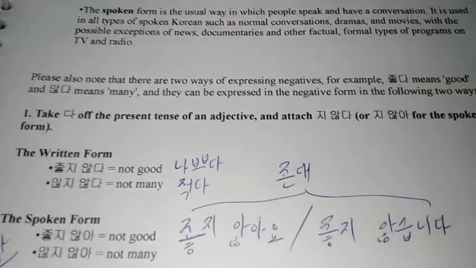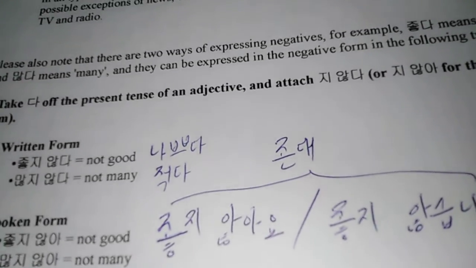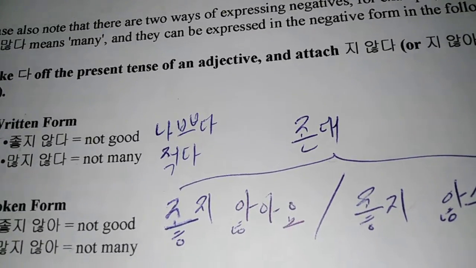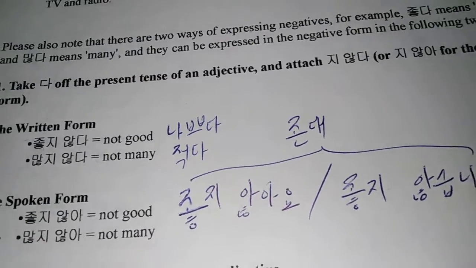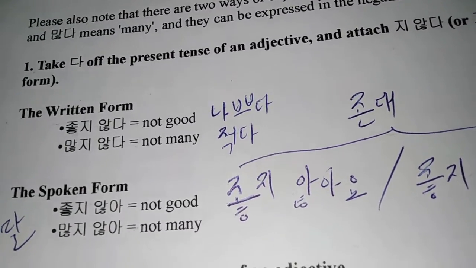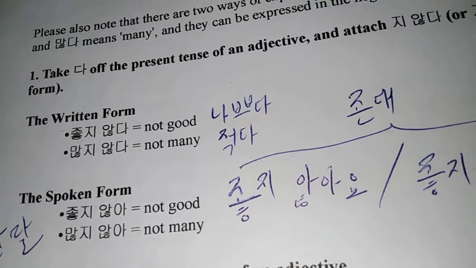So let's look into how you would say the negative of an adjective. Saying the negative form of an adjective can happen in two ways.